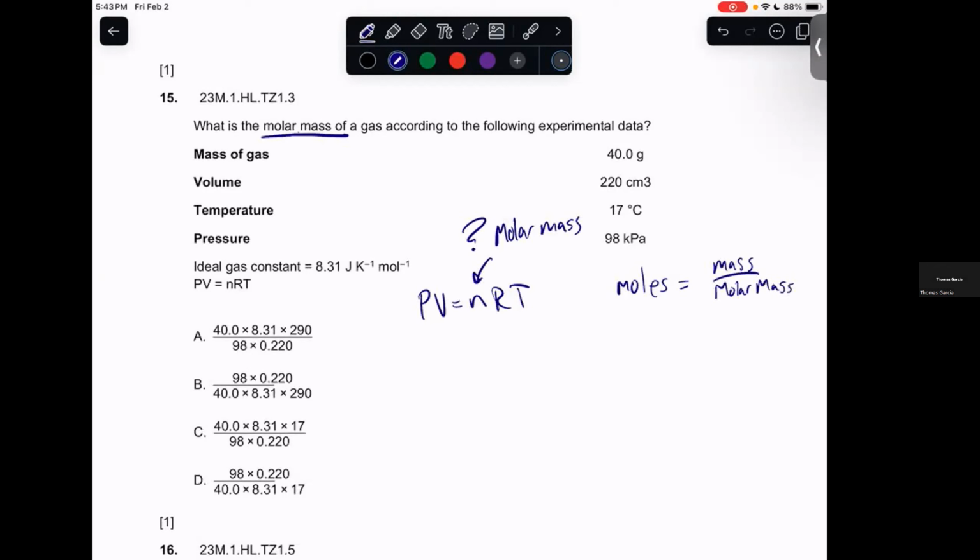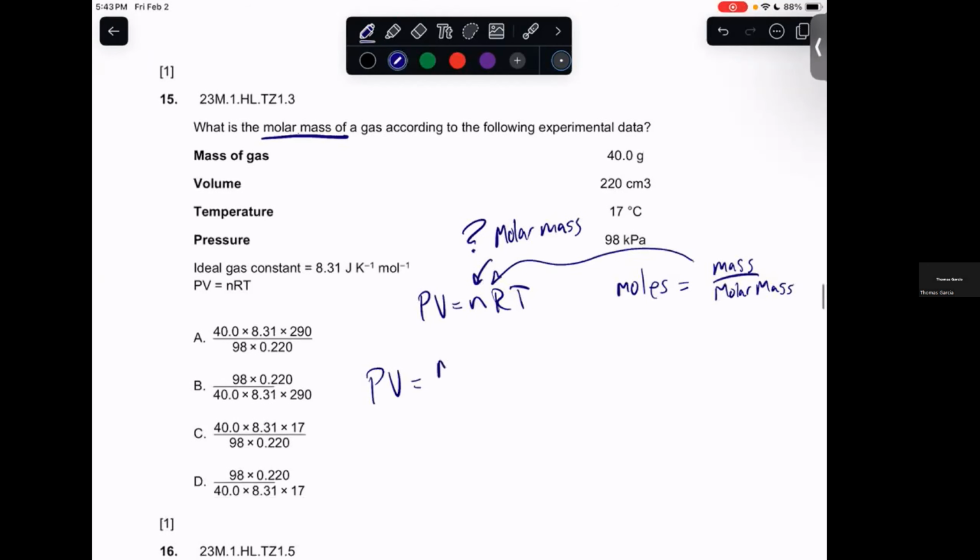So we're just going to substitute that in for moles. So PV equals mass divided by molar mass times RT.